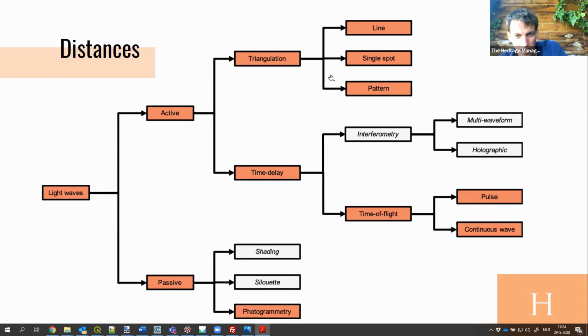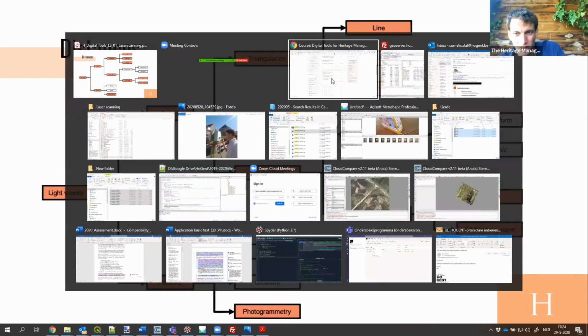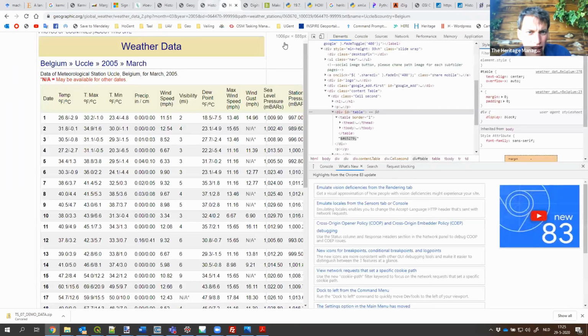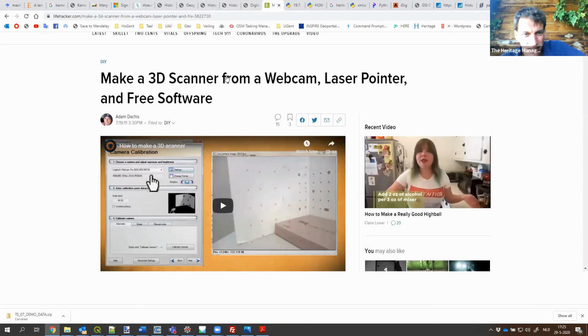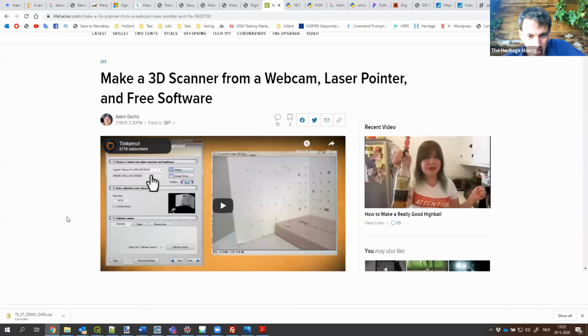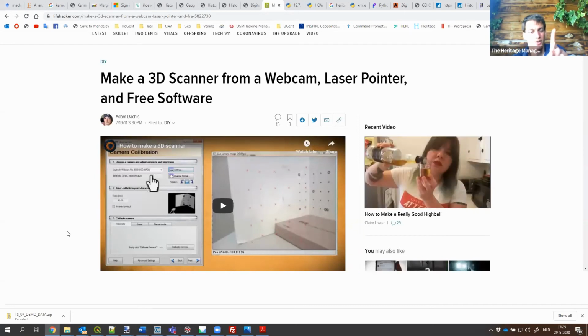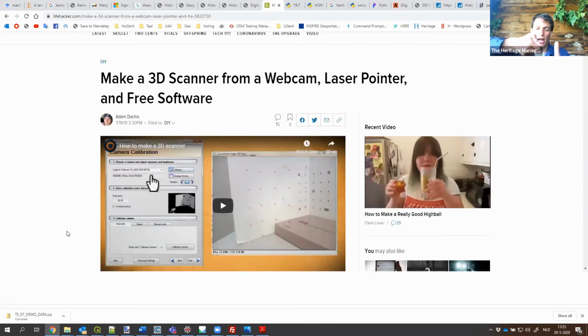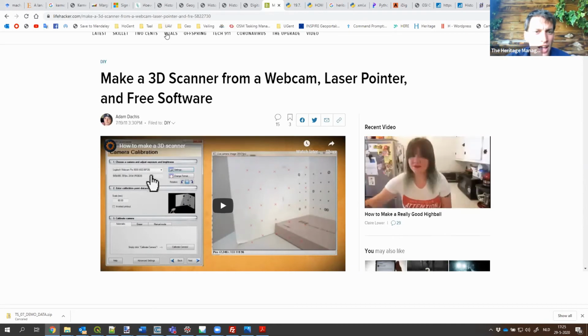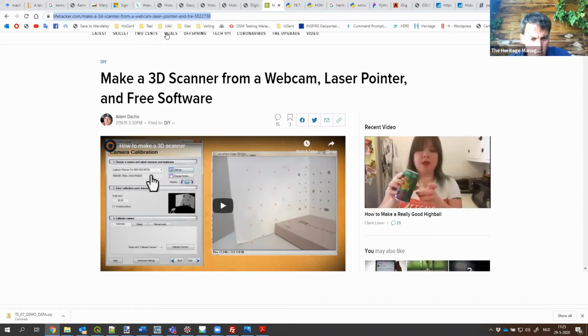During the break, I recovered the tutorial that I was working on many years ago while making my own laser scanner. It's this thing here: make your 3D scanner from a webcam, laser pointer, and free software. The idea is that you have a pointer, and you aim your pointer in a certain direction with some reference measurements.